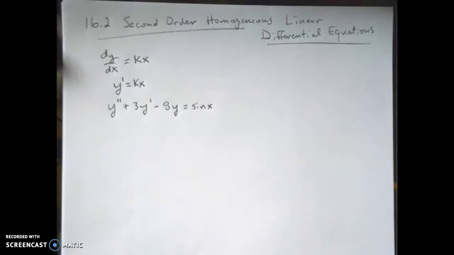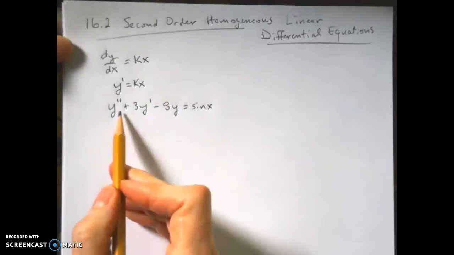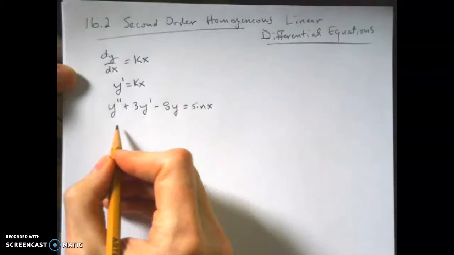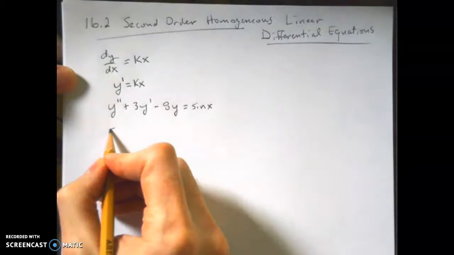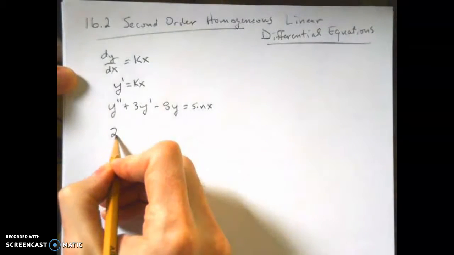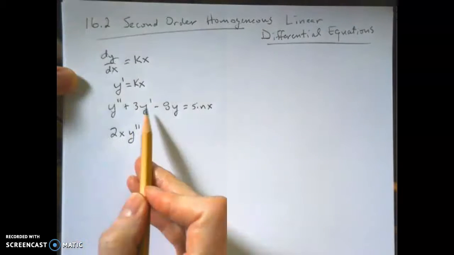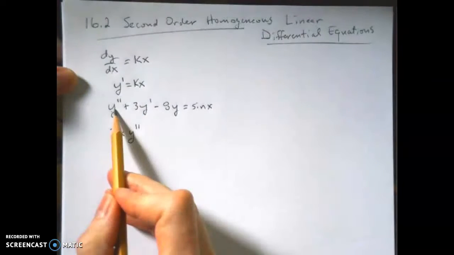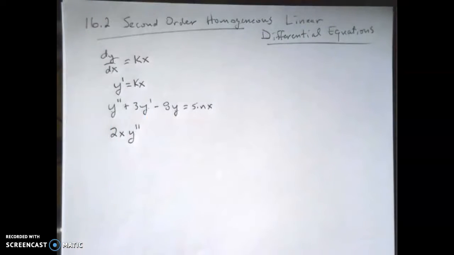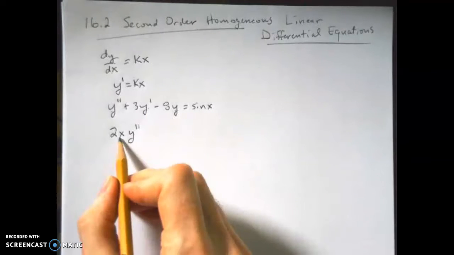Okay. In general, you could have things a lot more complicated than this. You could have something like 2x y double prime. These different orders of derivatives can have functions of x as coefficients.